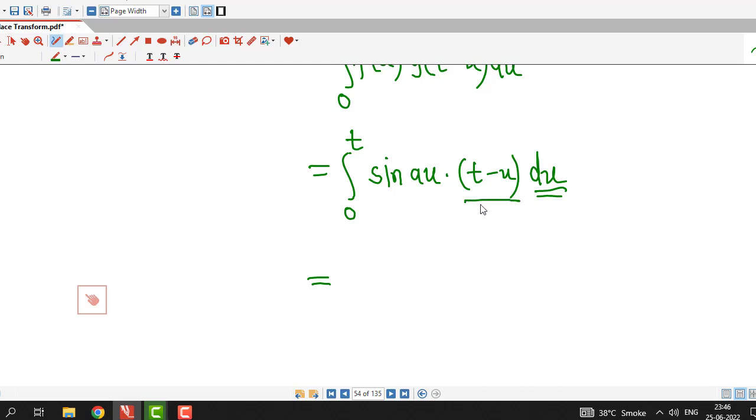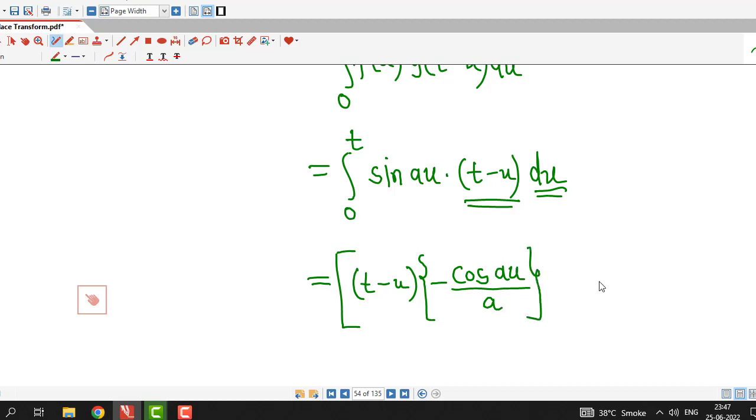For that we consider t minus u as the first function, t minus u as it is. Integral of sin au with respect to u is minus cos au divided by the coefficient of u, which is a, minus the derivative of the first bracket with respect to u, which is going to be 0 minus 1.